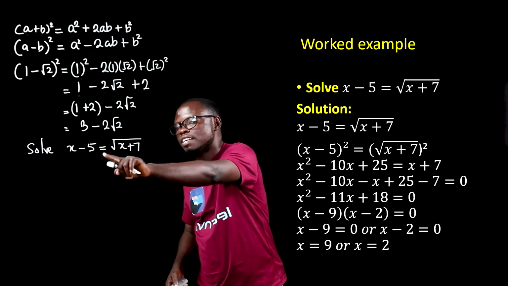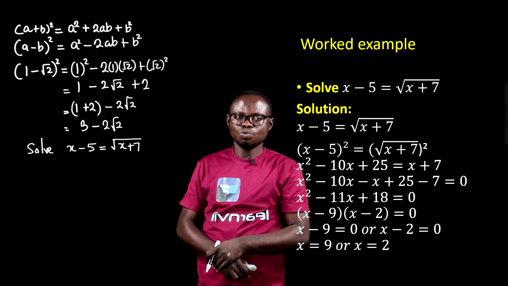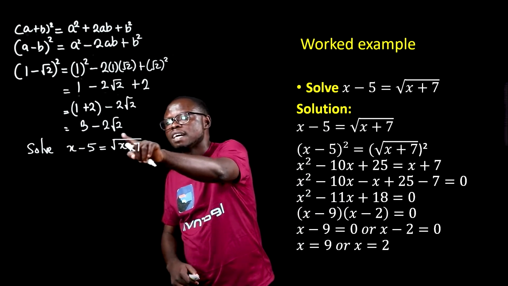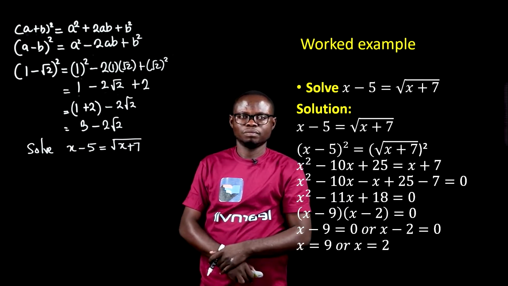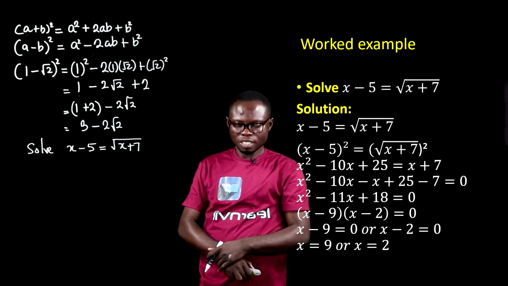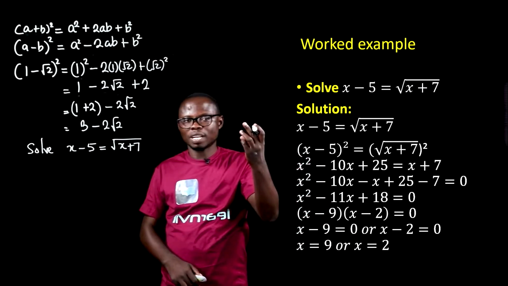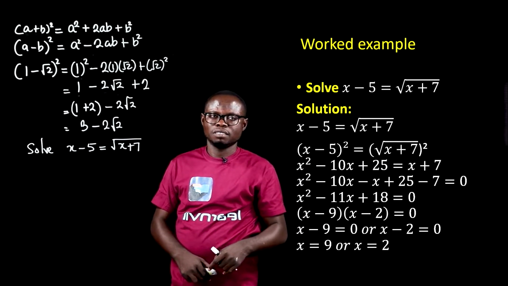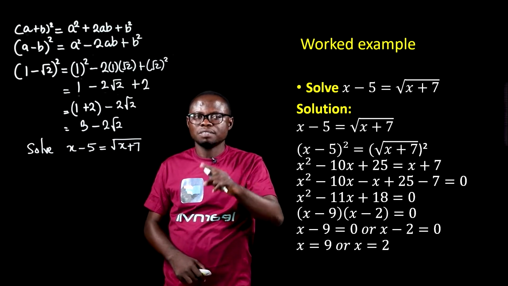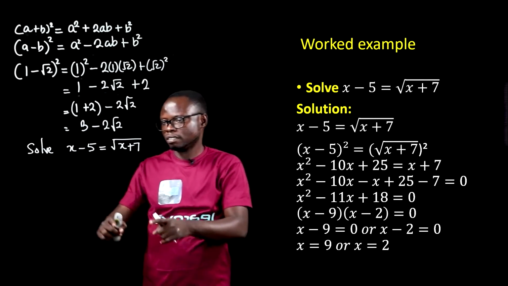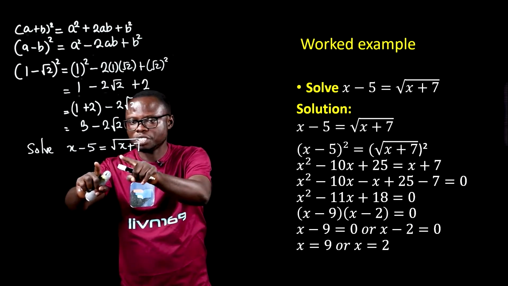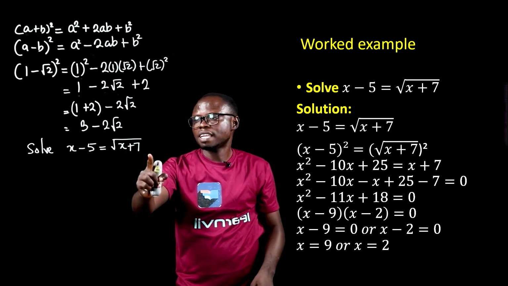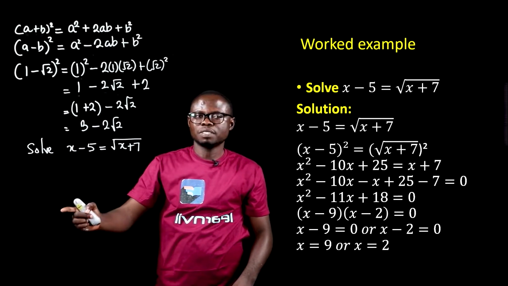It contains the equal to sign. Two, is it a radical equation? Yes. Why? It contains the radical sign. Let's solve it. One, we need to isolate the term with the radical sign. By inspection, it's already isolated. This is to the right, whilst these ones are to the left. So this is isolated.